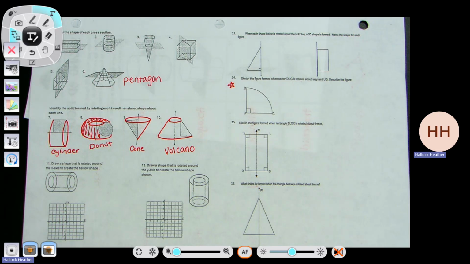Yeah, it's gonna be a sun. It's the sun. Like blocks.